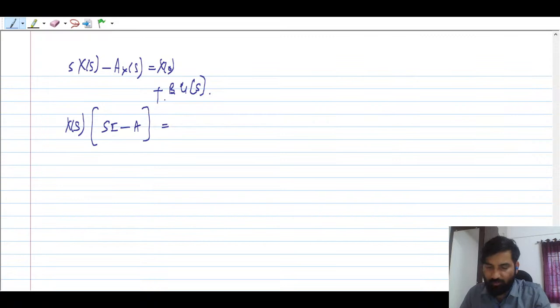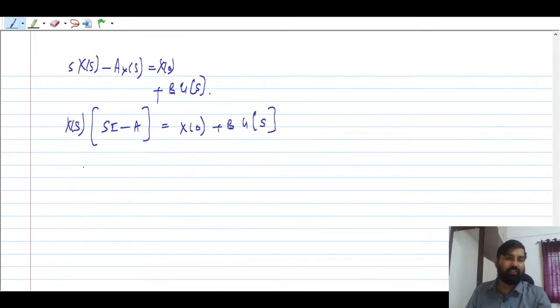Which is going to be equal to x naught plus B times U(s). Okay, understand? Now you can find out this X(s). What is this X(s)? You can multiply here, or you can take this to the other side also.